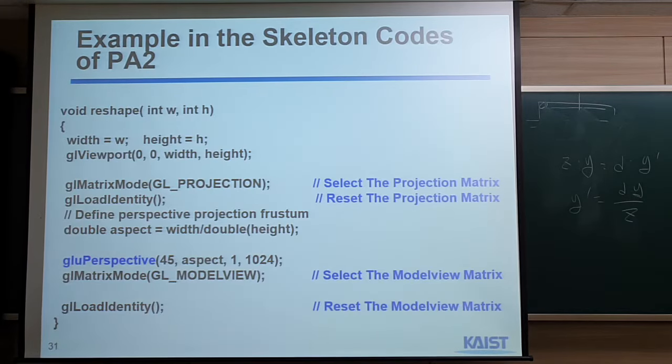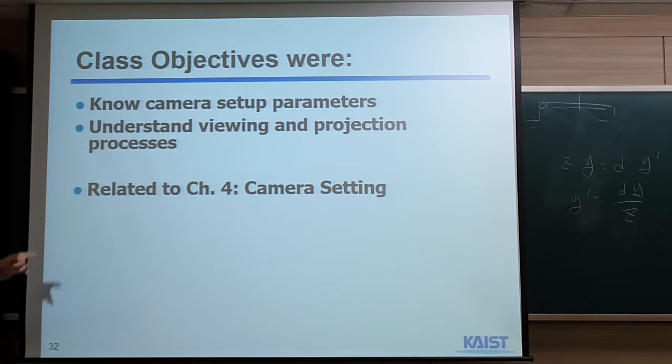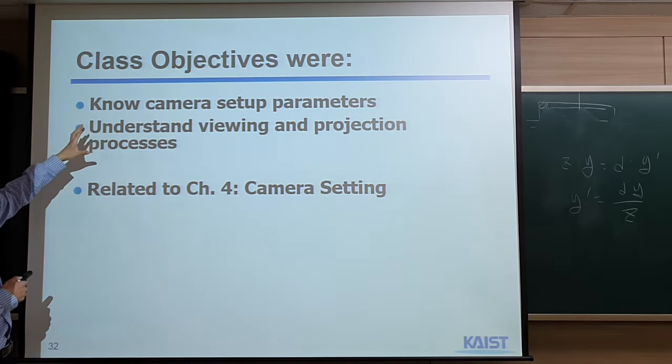Okay, so that's it. I talked about the different viewing projections, also this perspective projection, and I wish that you can understand by now this camera setup parameter, which is kind of intuitive.